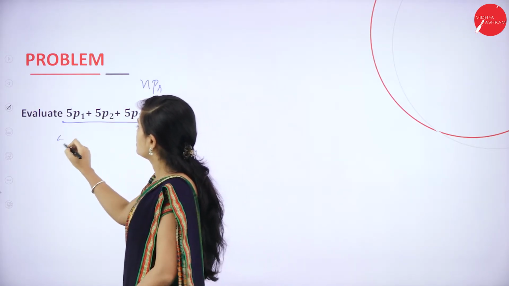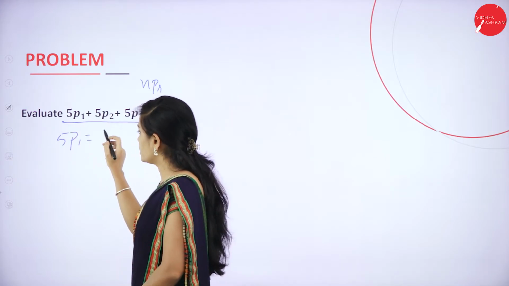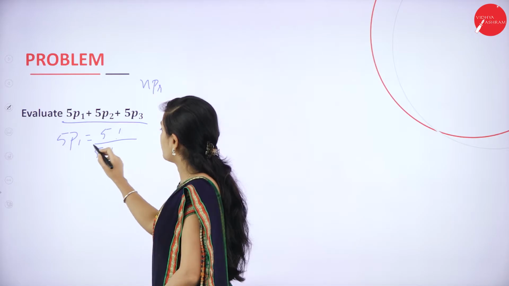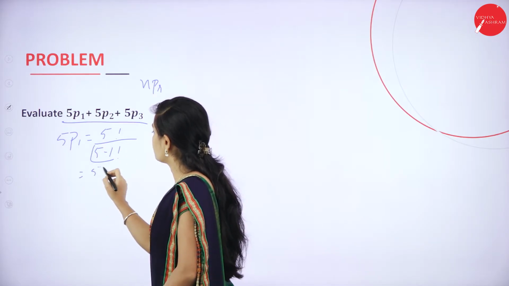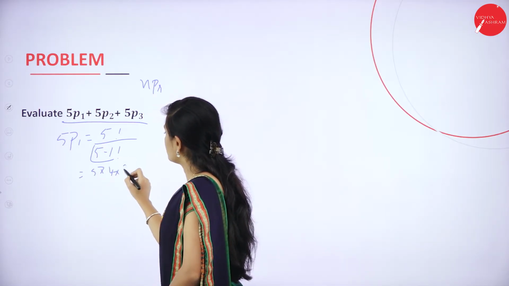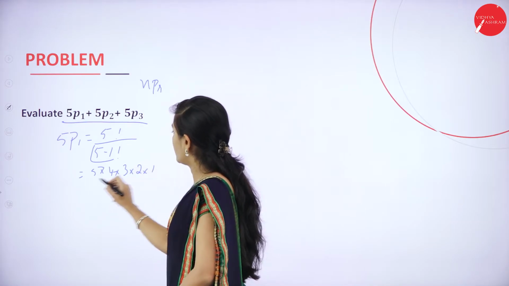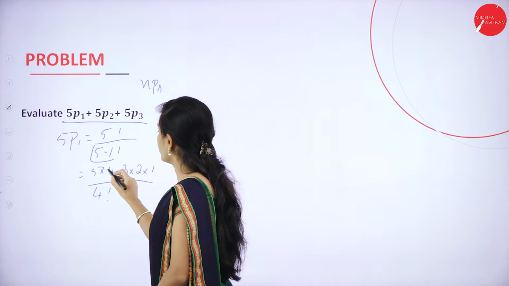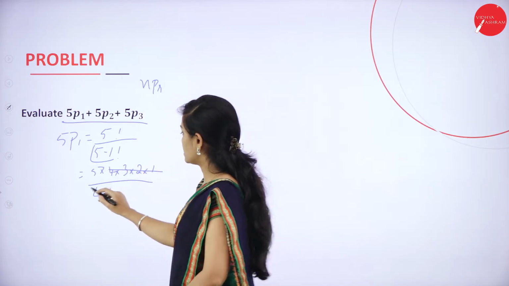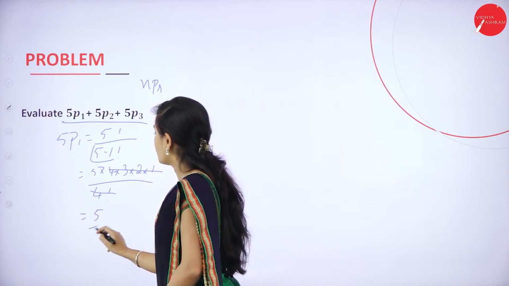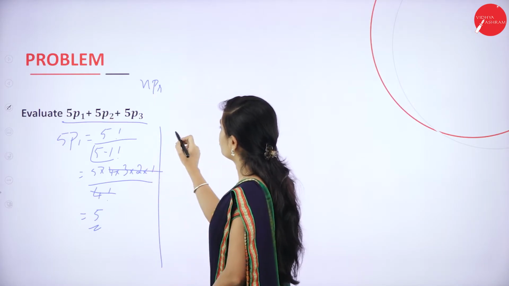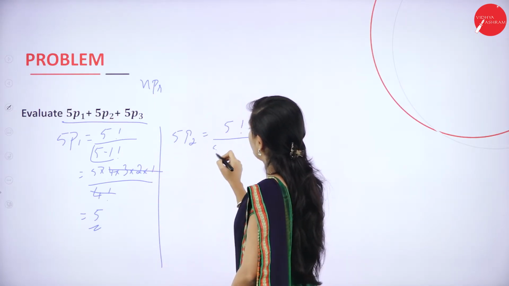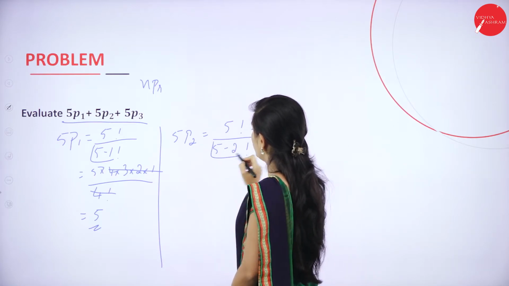Separately you can find 5 factorial by (5 minus 1) factorial, that is 5, 4, 3, 2, 1 divided by 5 minus 1, which is 4 factorial. So 4, 3, 2, 1 get cancelled. So the answer is 5.